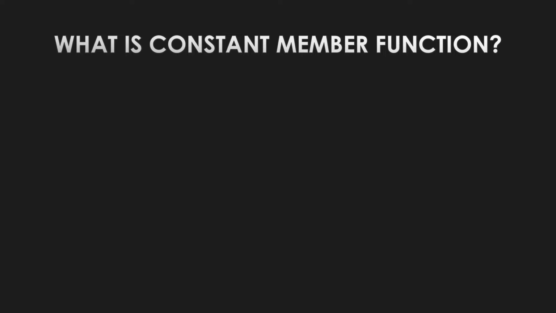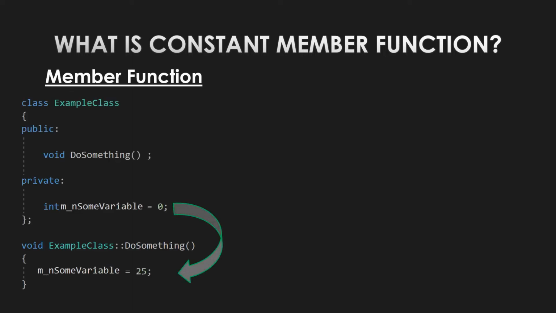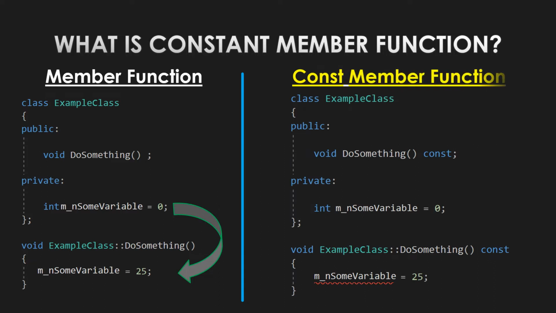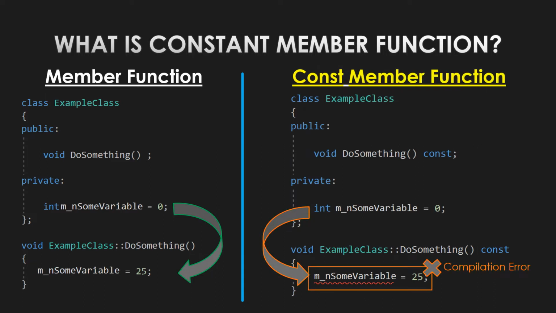There is a difference between the normal member function and the constant member function. In normal member function, we can write code to modify the member variables of the class. And yes, that is what we normally do in programs using a member function. In case of constant member function, it is restricted by the language to modify any internal state of the object.